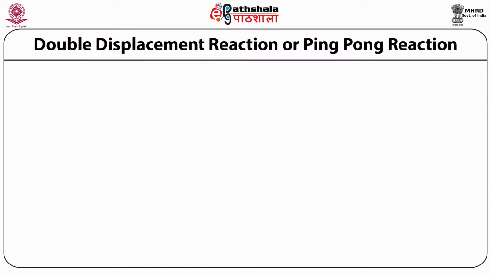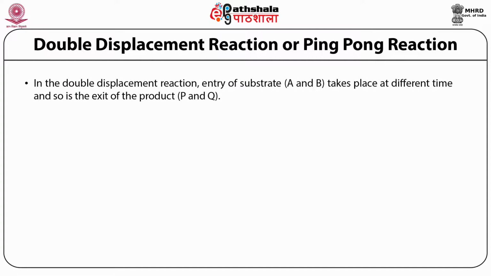After discussion of single displacement, let's discuss the double displacement reaction. It is also known as the Ping-Pong reaction. In a double displacement reaction, as the name suggests, we have two types of displacement.